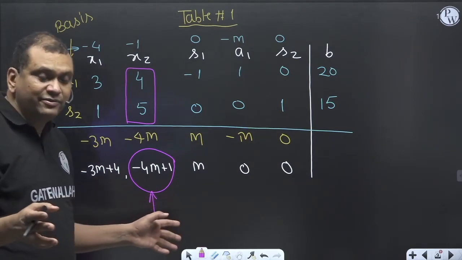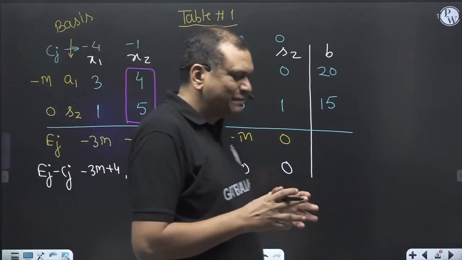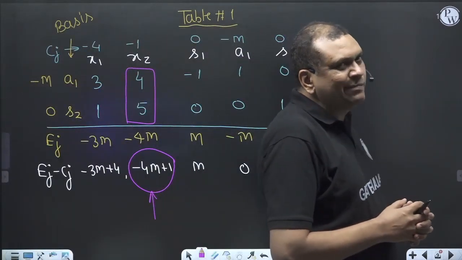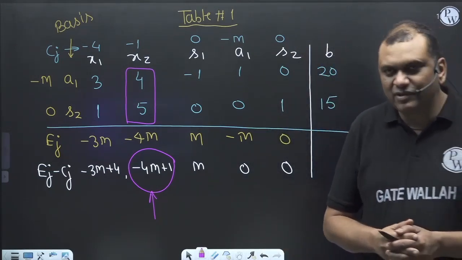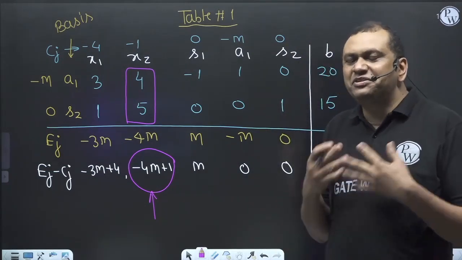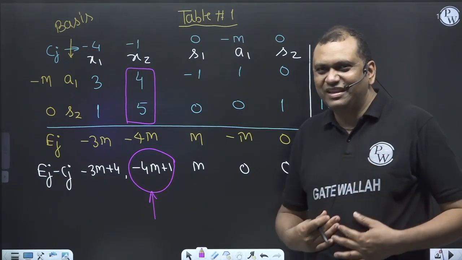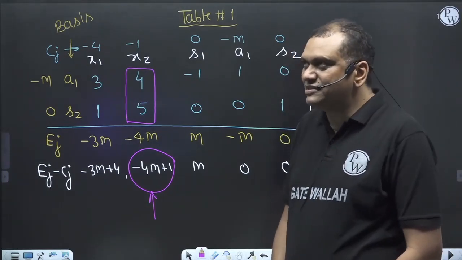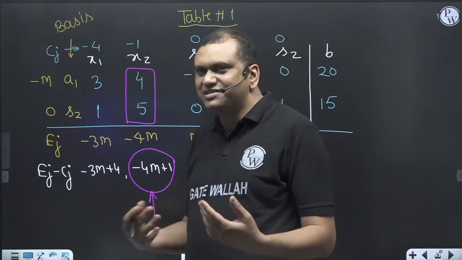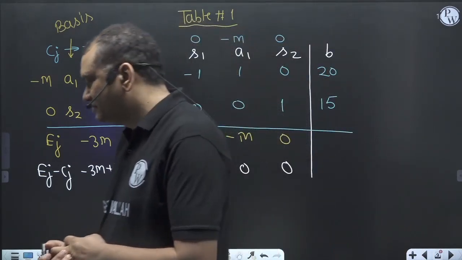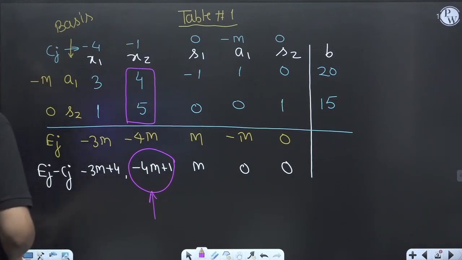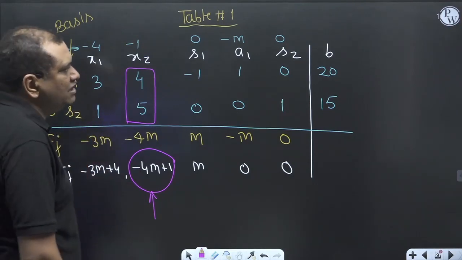As I told you some time back, you may have to see the Simplex lecture one more time, because in private colleges we do not study Simplex properly. Okay, and even in the coaching setup, some of our teachers don't teach properly. I don't know why. Entering column.